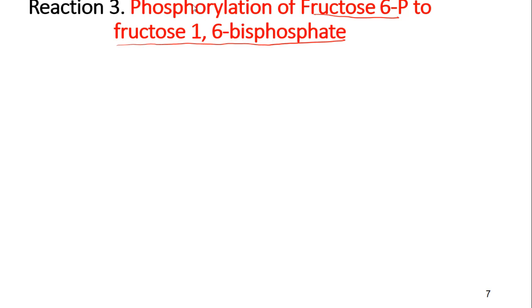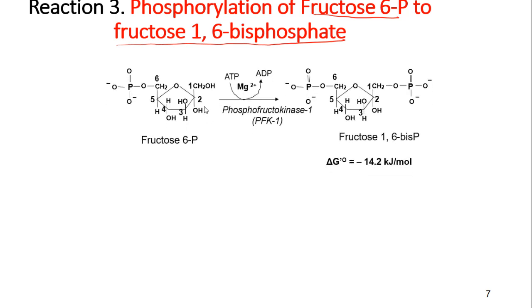Okay, so phosphorylation of fructose 6-phosphate to fructose 1,6 biphosphate. This simply means that there is an addition of another phosphate group on carbon number 1.